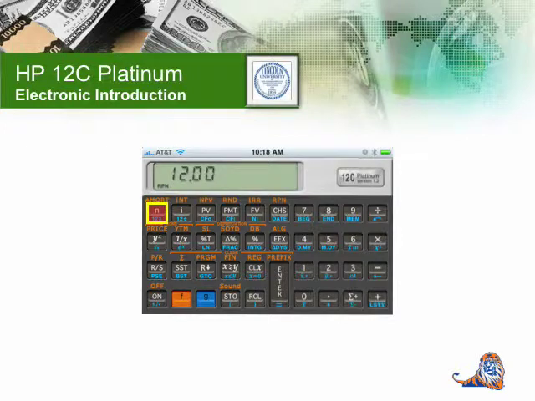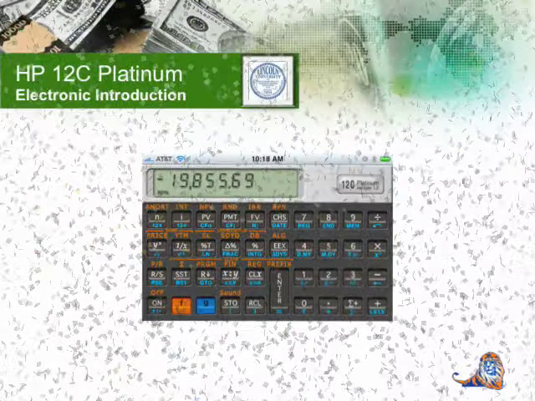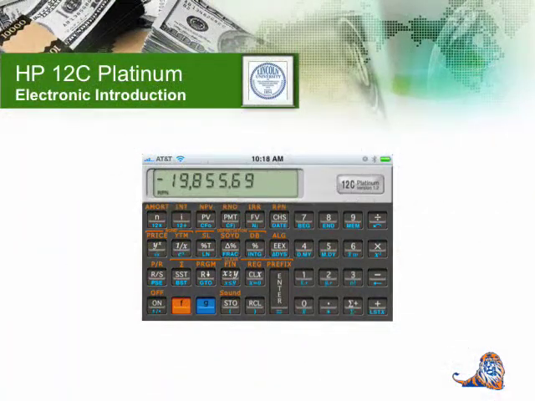We come up with a different number, and that number is $19,855.69. So as we've increased the number of years, we get a lower number needed today, as well as in the previous example, we increased the interest, so we needed less money to invest today in order to achieve our goal.